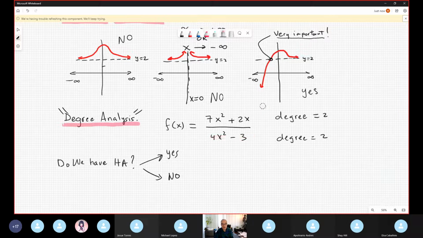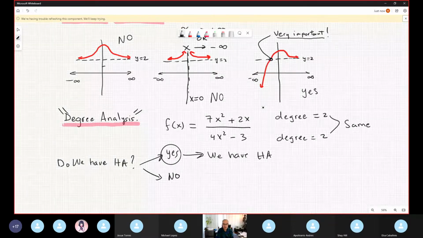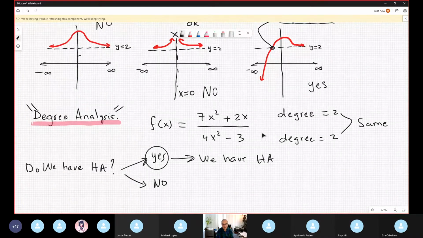Same degree. The answer is yes. We have a horizontal asymptote. And what is the reason behind this? Because the degree, by definition the higher exponent, is the dominant.